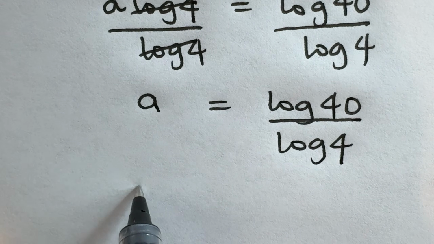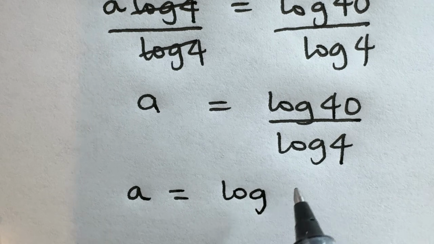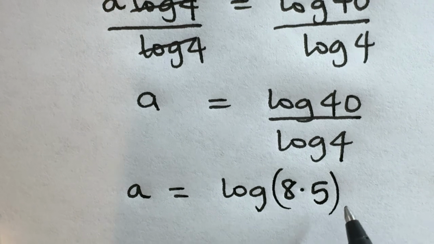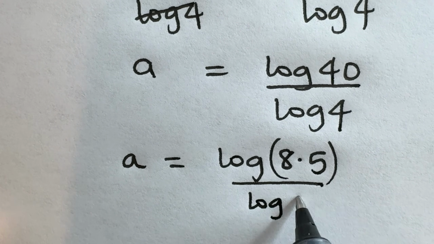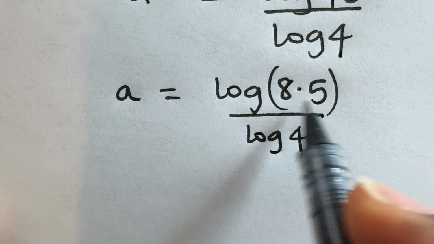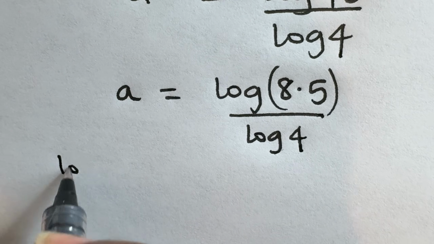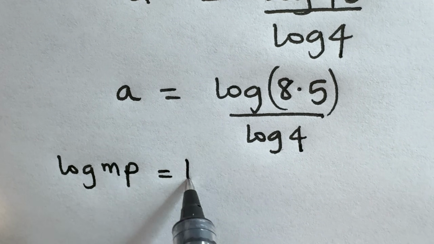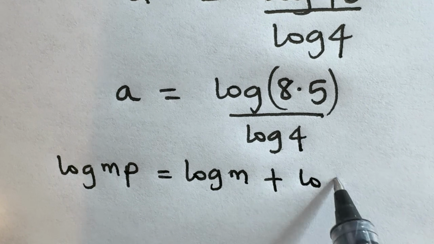We can also write this as a is equal to log 40, here is 8 times 5, then divided by log 4. At this point, I'm going to separate these products, and to do that, I will apply another law of logarithm. Given log m times p, by law of logarithm, this will give us log m plus log p.